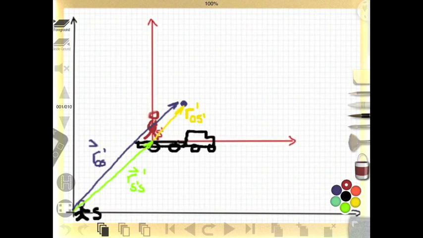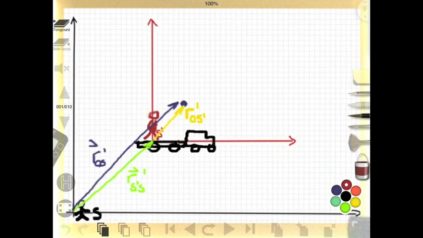So the first one, the blue position vector, ROS1, denotes the location of the ball as measured by observer S. The ball we're going to call the object, so O stands for object, and the 1 on top of the vector means that this is time frame number 1, which we chose arbitrarily.